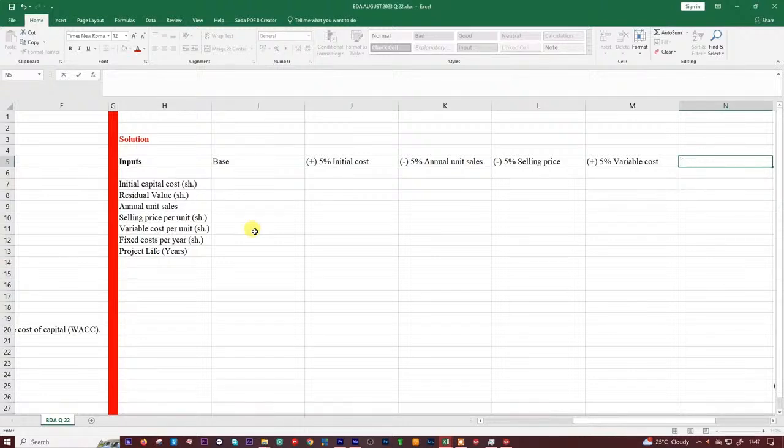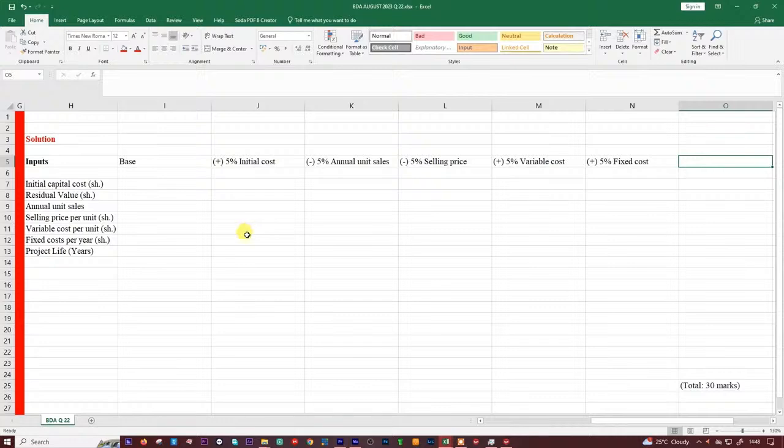So positive 5%, apologies for that, positive 5% fixed cost. And then we're talking about residual value right here, negative 5% residual value.